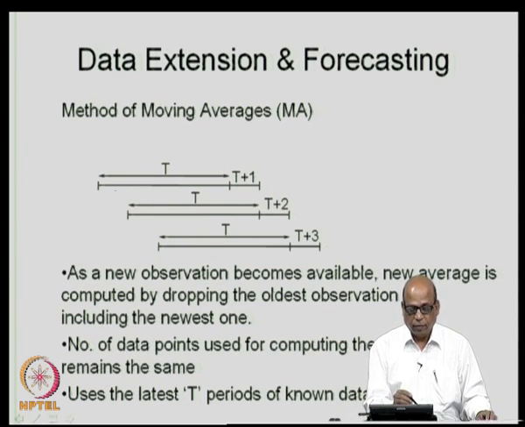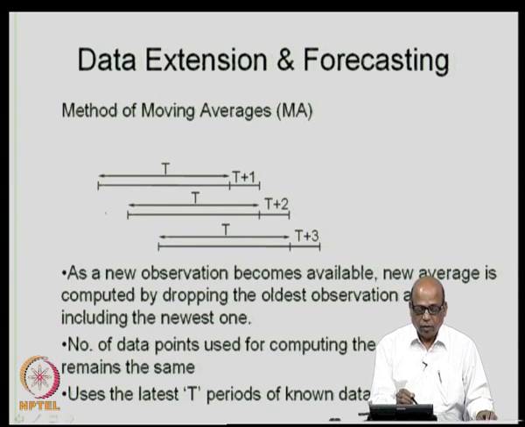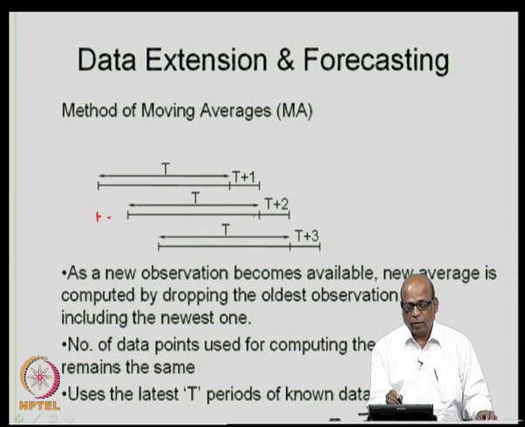What I mean is, let us say you have time periods up to time period t. Use the values up to time period t, take the average and call it forecast t plus 1. In the next time period, you would have one more value added, so discard the previous value and take the average over the same t time periods.